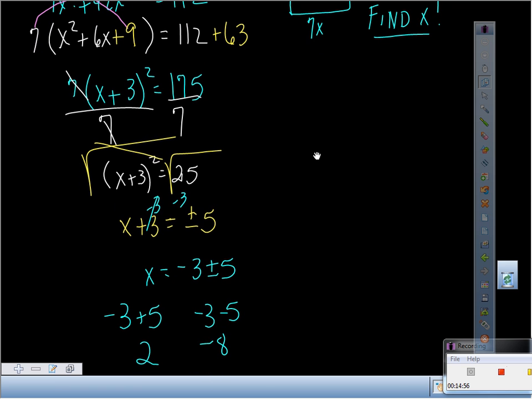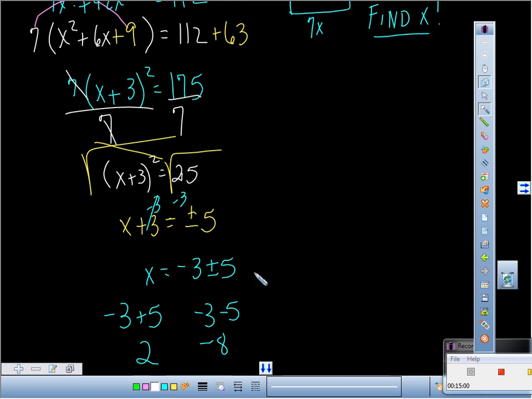That comes up when you deal with real life stuff. You've got to be going, okay, wait a minute. That can't be negative. So x equals 2 is my only answer.